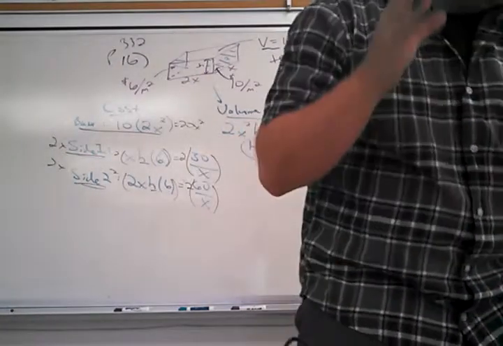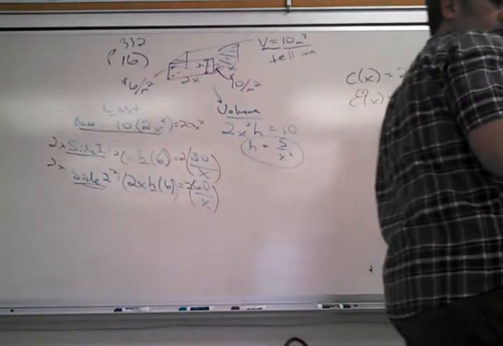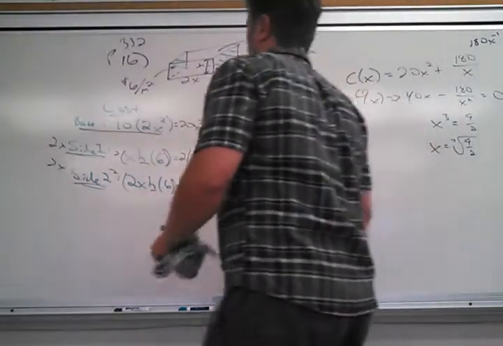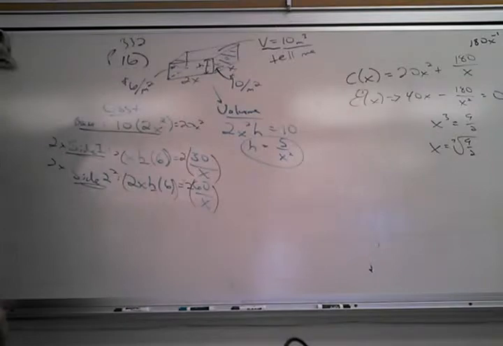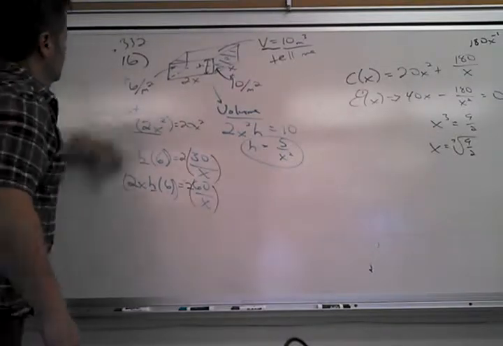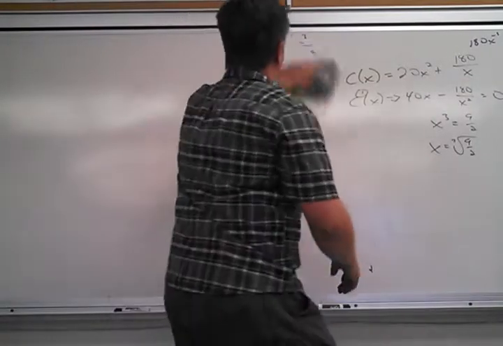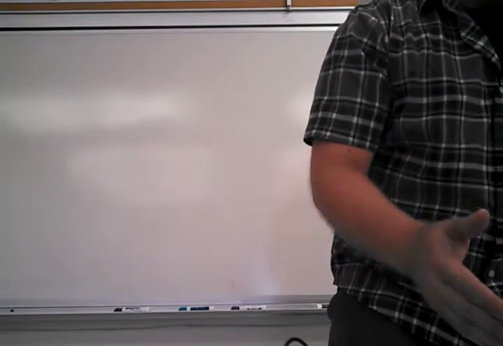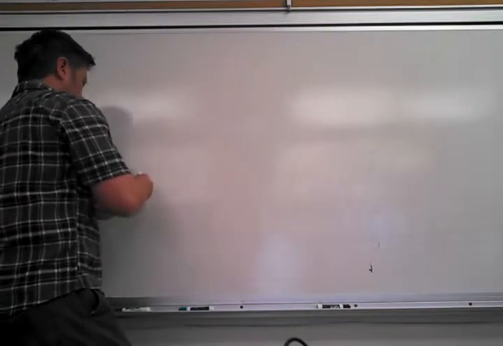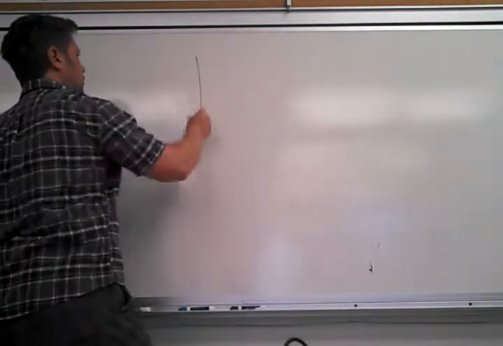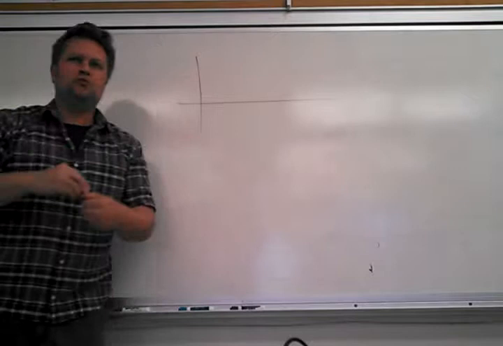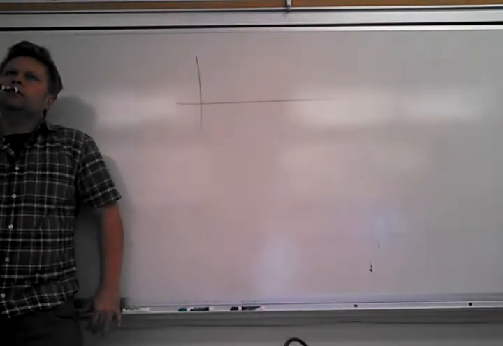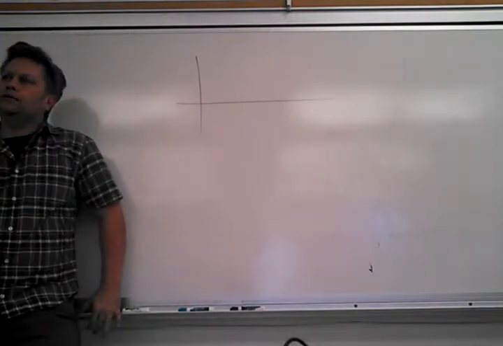So we're going to get into section 4.8. And the idea of Newton's method is, I was talking to somebody earlier about this, and it's really kind of neat how simple the idea is.